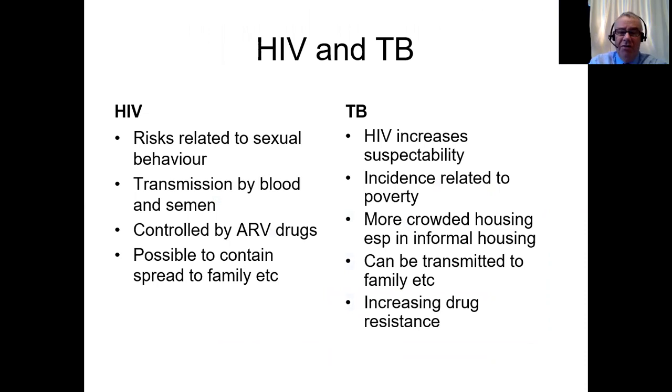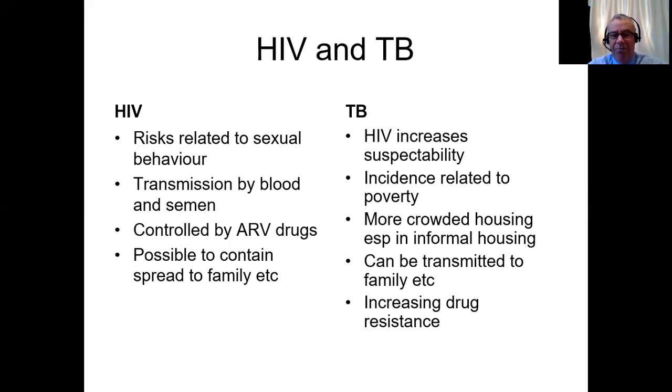When we're looking at HIV and TB, obviously risks of HIV tend to be related to sexual behavior, transmitted by blood and semen, and controlled by antiretroviral drugs. It is possible to contain spread because if the patients don't have high risk activity, then they're unlikely to spread the disease.